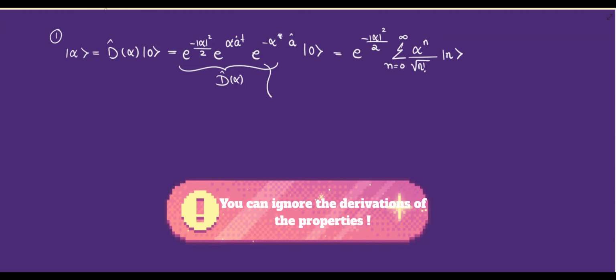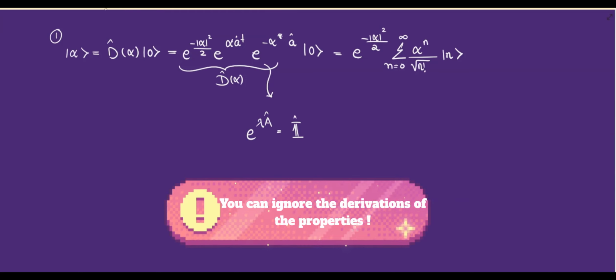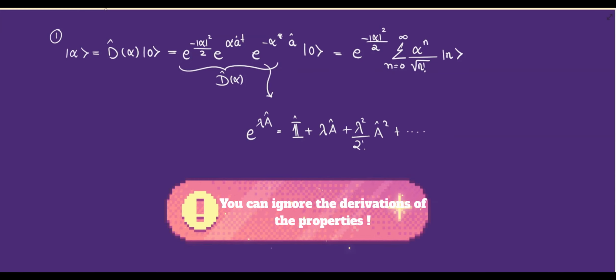I derived this by expanding e raised to lambda A as the identity operator plus lambda A plus lambda squared by 2 factorial A squared and so on.